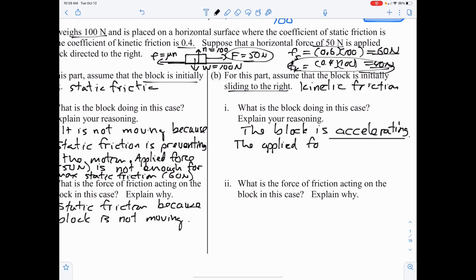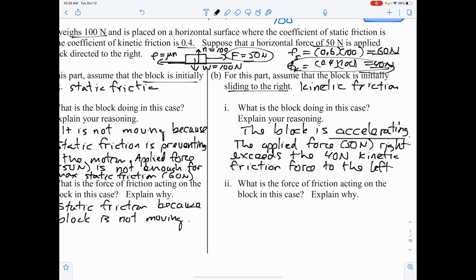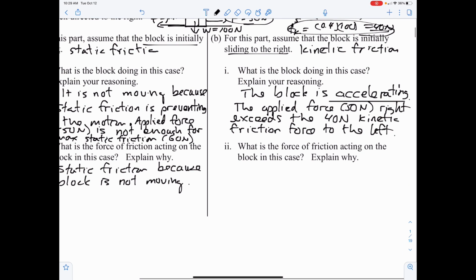The applied force of 50 newtons to the right exceeds the 40 newton kinetic friction force to the left. Okay, what is the friction force?